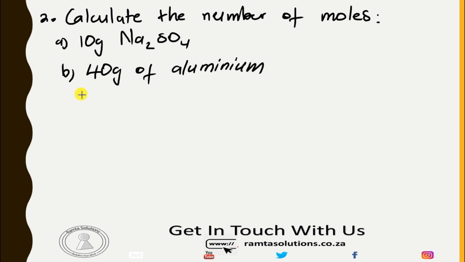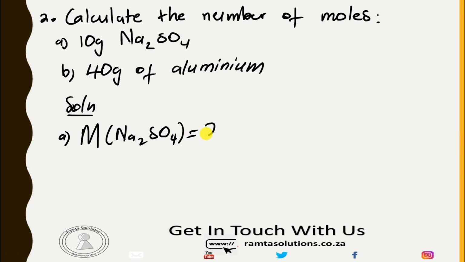So what do we do? Our solution for A: the molar mass of sodium sulfate is 2 times the mass of sodium. Sodium has 23 on the periodic table. Sulfur is 32. There are 4 oxygens, so it'll be 4 times 16.